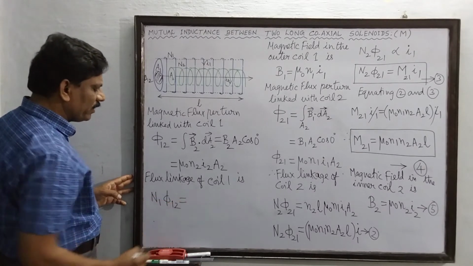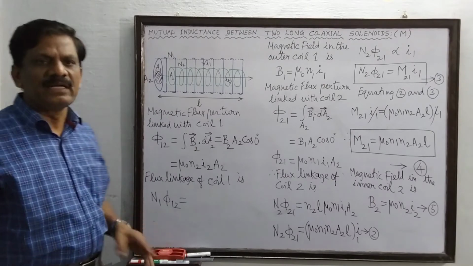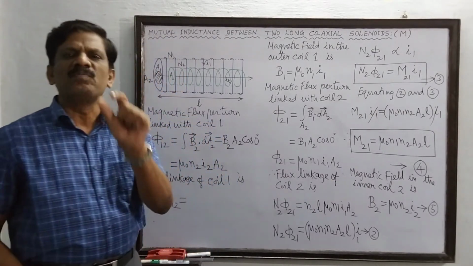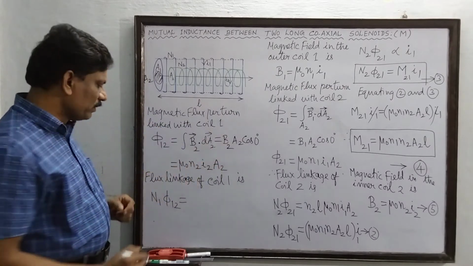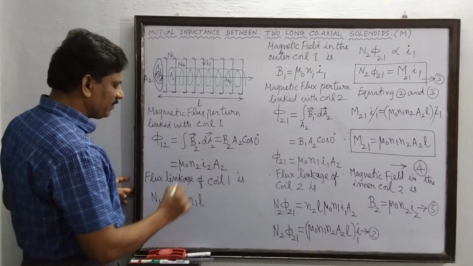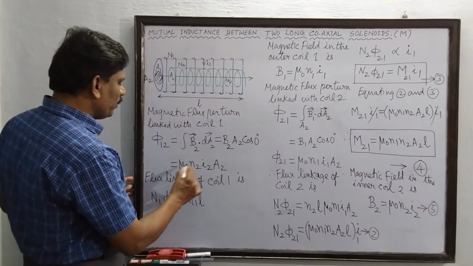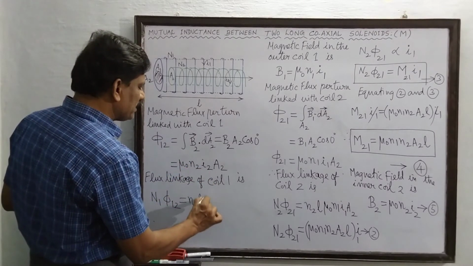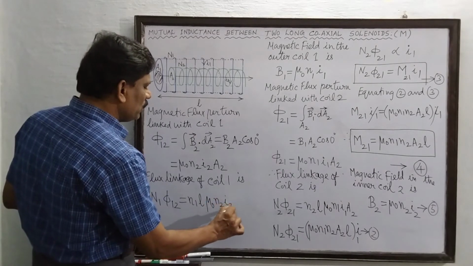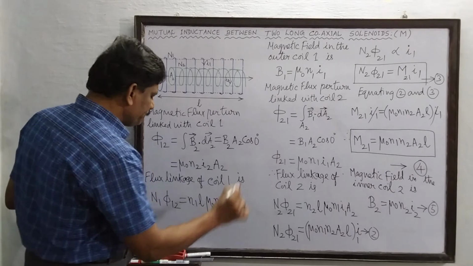Capital N1 is the total number of turns of the first coil, which is equal to small n1 into L, the length of the coil. And in place of phi 12, I will substitute mu naught n2 I2 into A2.